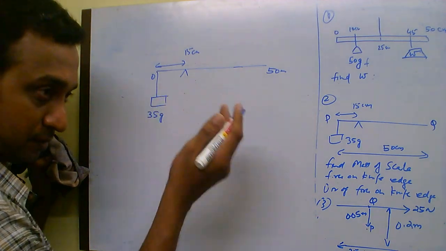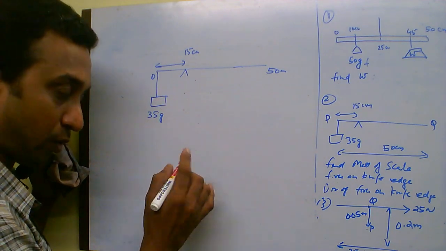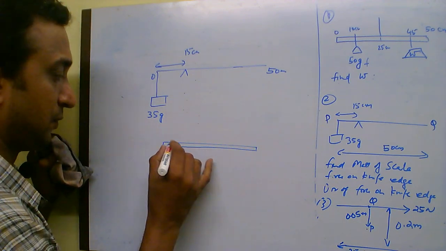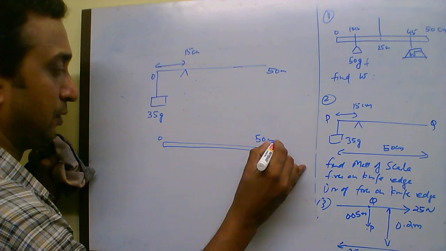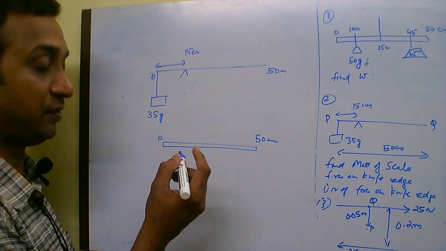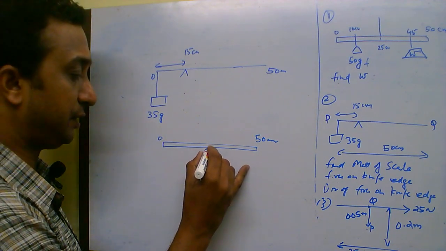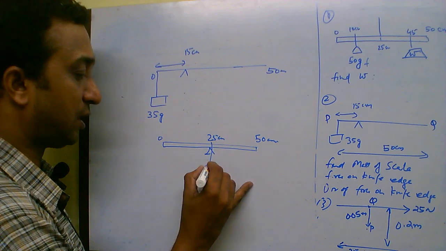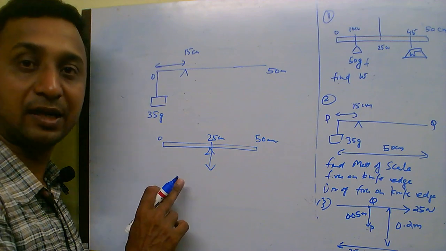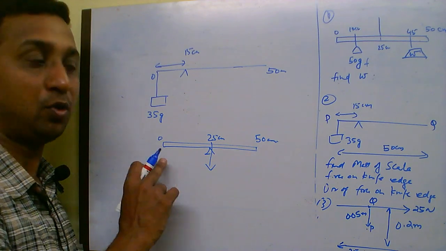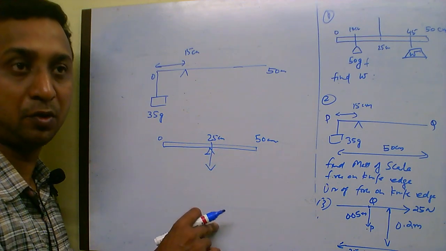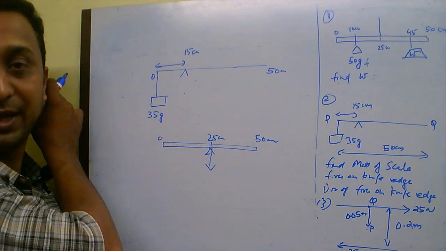Whether you are suspending or not, the scale's whole weight will be felt at its midpoint. If this is a 50 centimeter scale, you can take it on your finger and balance it. Where do you balance it? Normally you would balance it at 25 centimeters. There is what we assume its center of gravity or center of mass is being felt. What is center of gravity? The point about which the whole weight of the body is assumed to be felt.